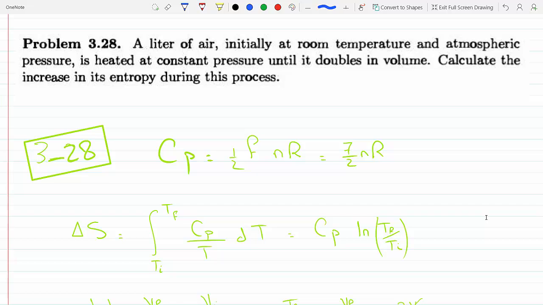The way I reasoned this out is we know that Cp is equal to half F times NR, where F stands for the number of degrees of freedom.